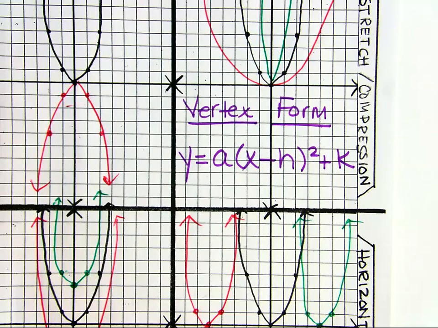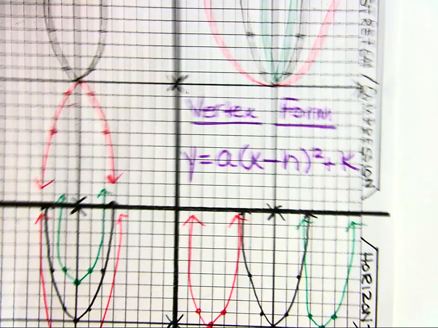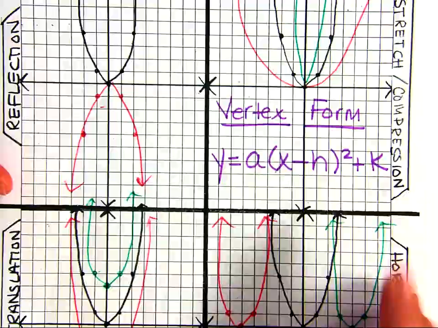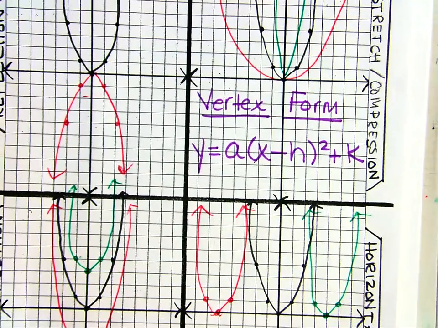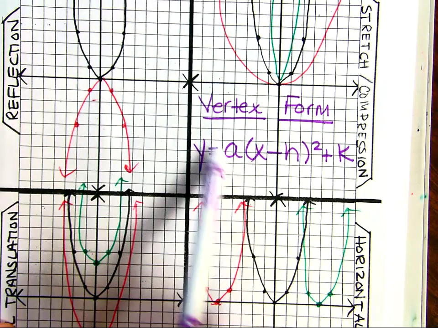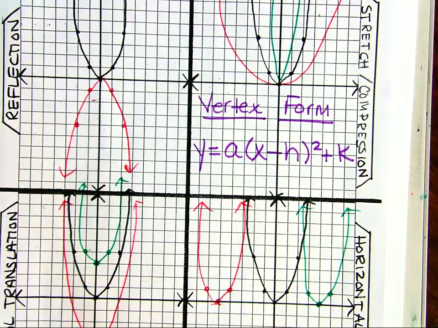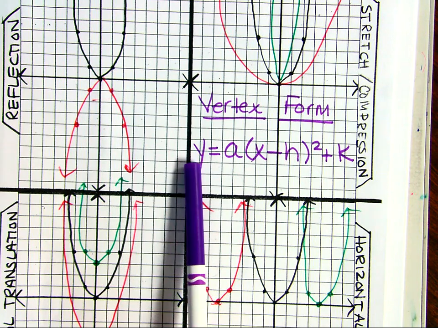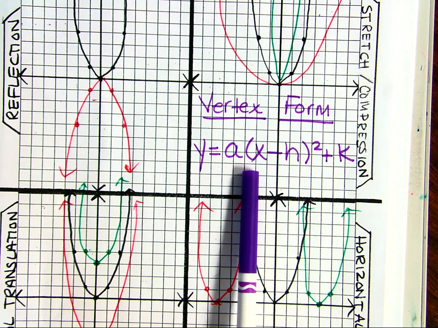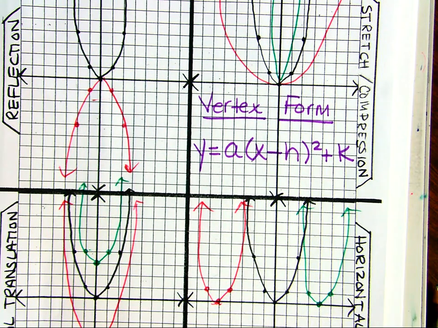If you didn't get a chance to write this, I want you to write the words vertex form somewhere on your paper. If you write it in this box right here, you know that there won't be anything else in there. So, okay. While you're writing that, y equals a times. Well, let's get the black marker out.